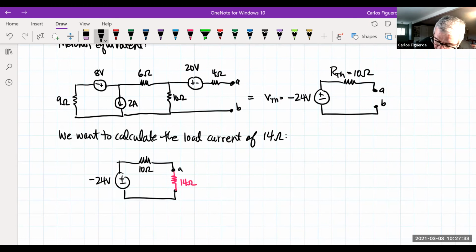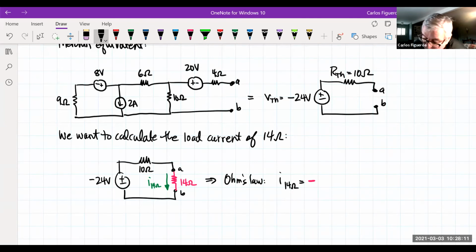And because this is A, this is B, we assume that the current should be going in which direction? The current should be going from A to B. This is I 14 ohms. But look at that voltage source. That voltage source is negative. So that's telling us that the current is actually going to go in the opposite direction. So from Ohm's law, the current of the 14 ohm resistor is automatically going to have a negative sign because of the negative voltage here.